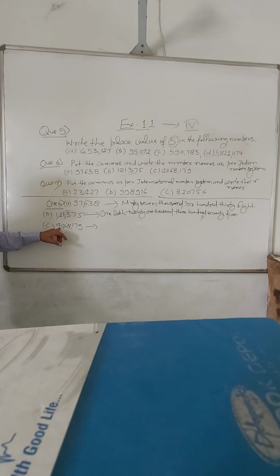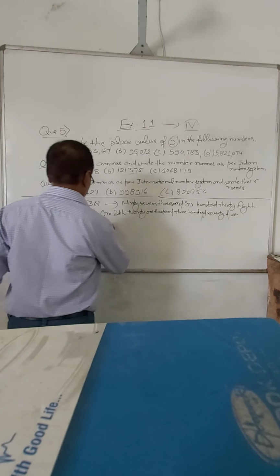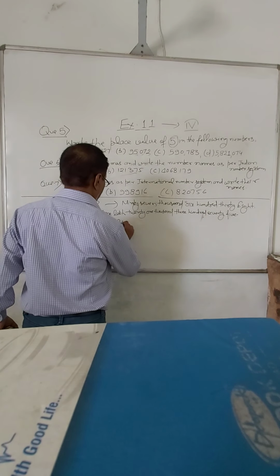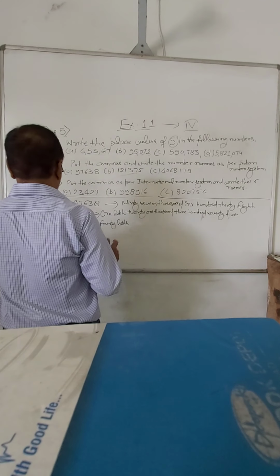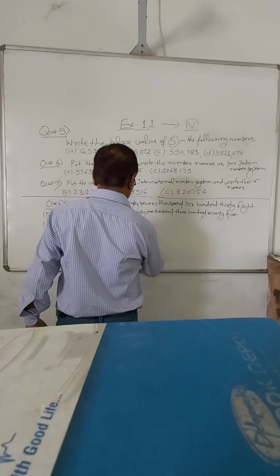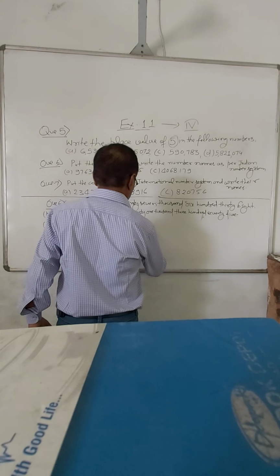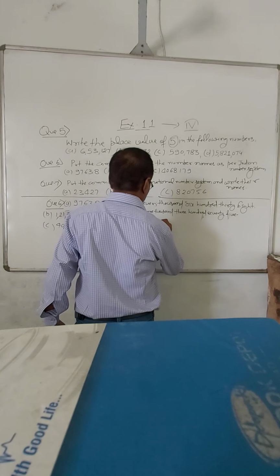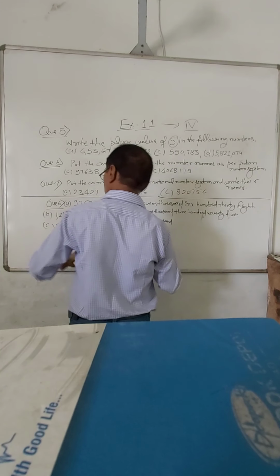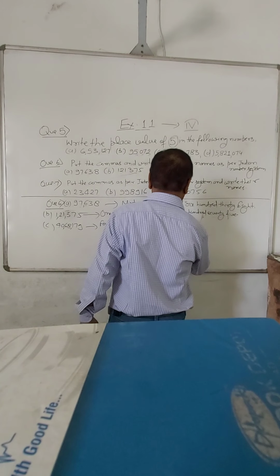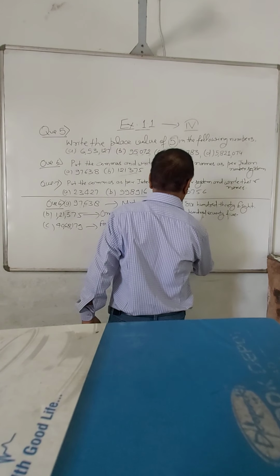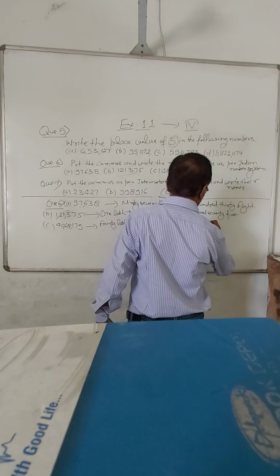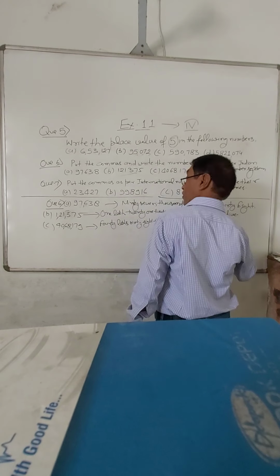So this is called 40 lakhs, 68,000, 179.